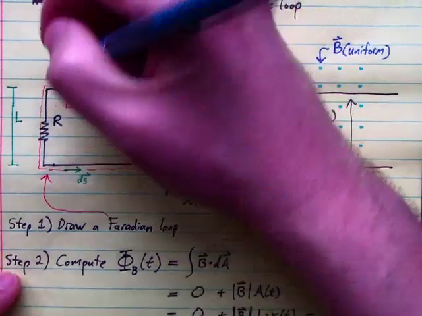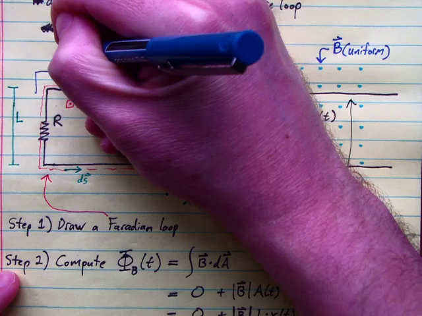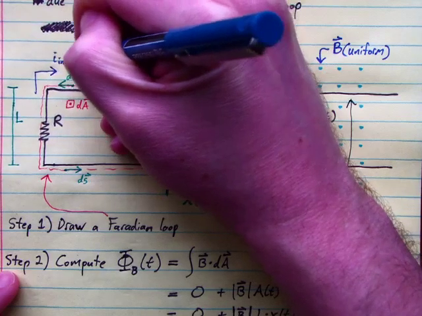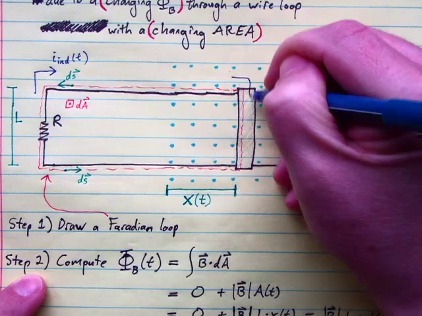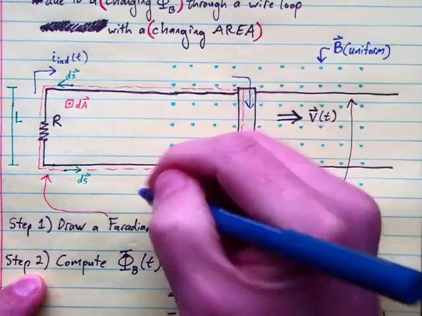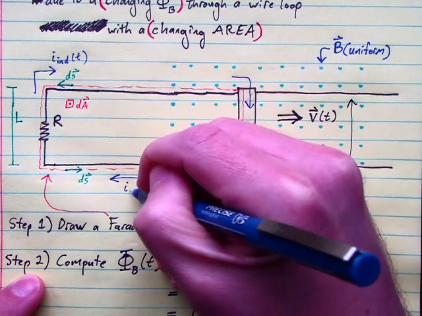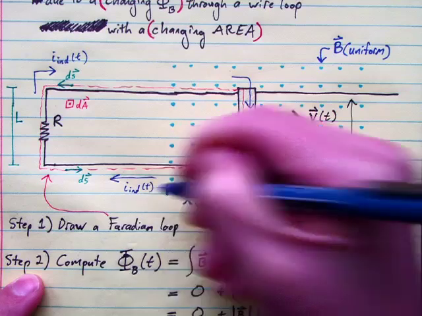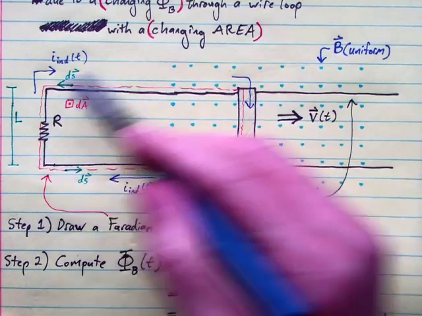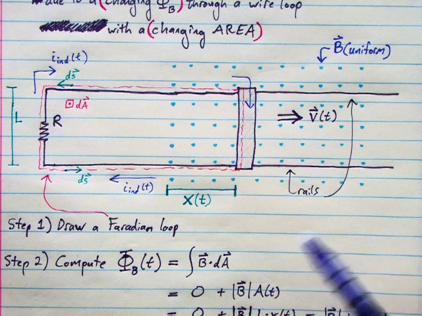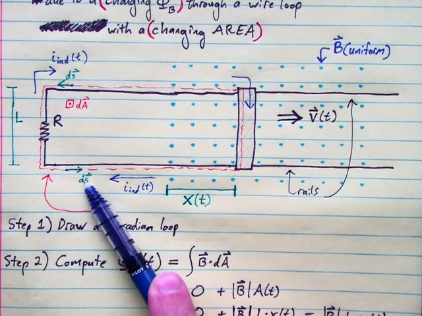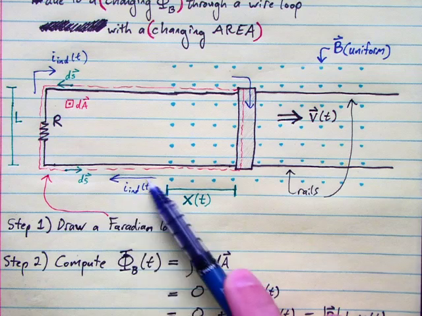So it implies that the induced current that we're getting would be clockwise through this loop. If V is that direction, then our current induced is going to be clockwise, opposite the direction of our ds vectors. That's what we mean when we say that this current is negative.